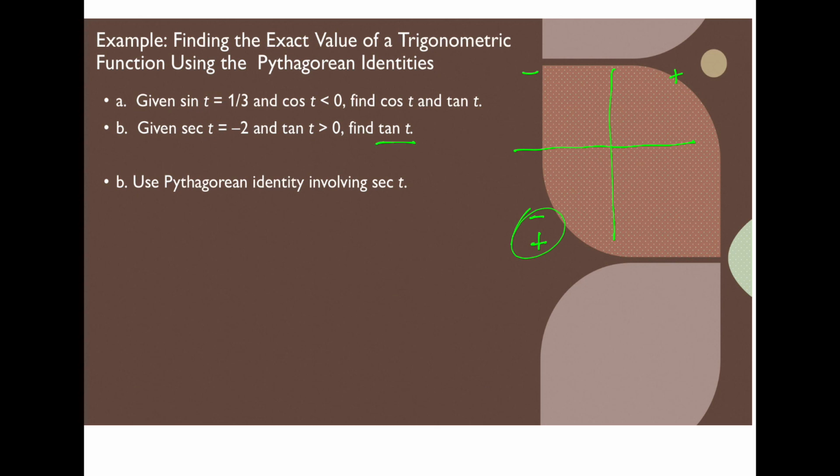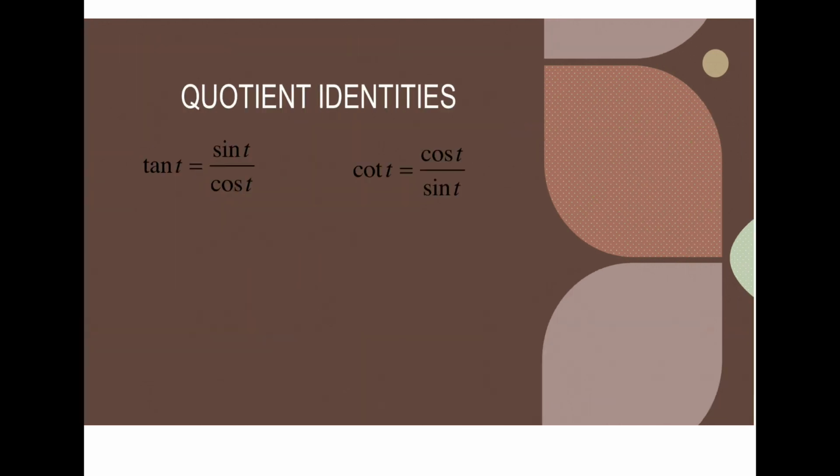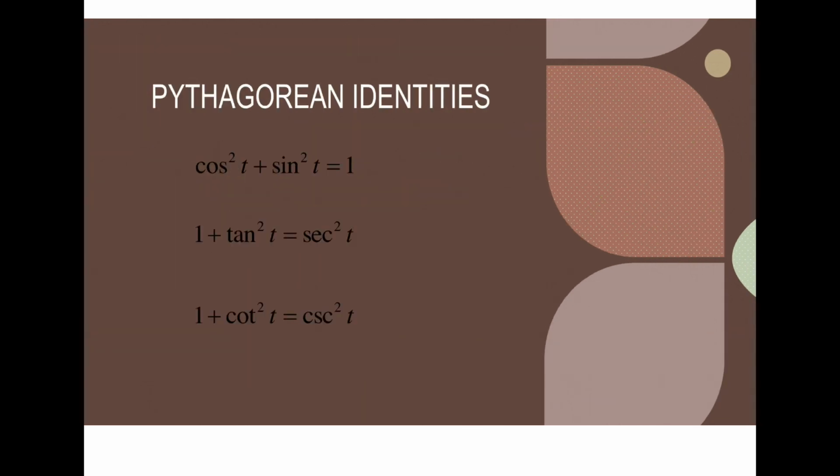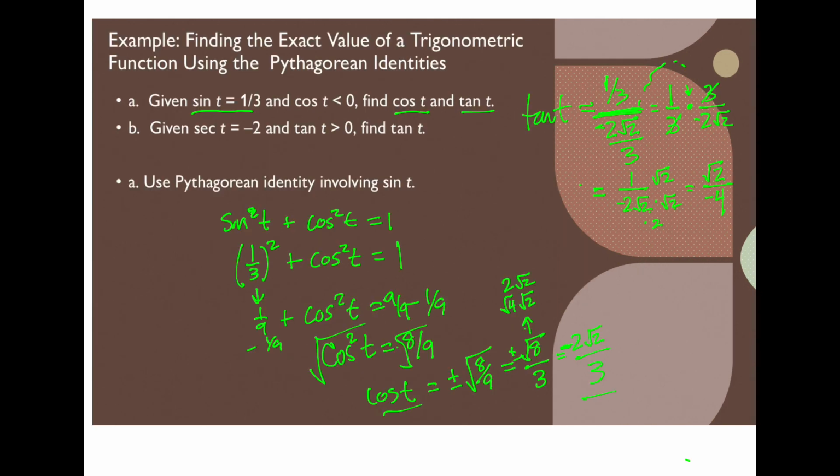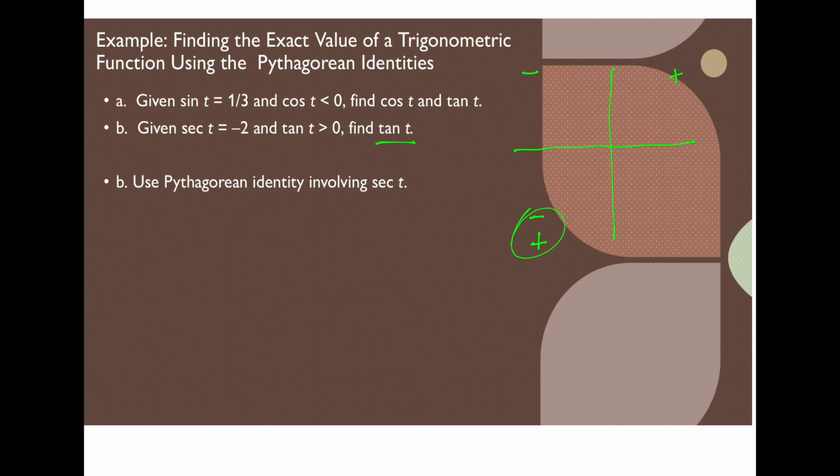Tangent and secant have a relationship. In fact, here is the relationship. So 1 plus tangent squared of t is equal to secant squared of t. We're given a value for secant, and I want to find tangent.